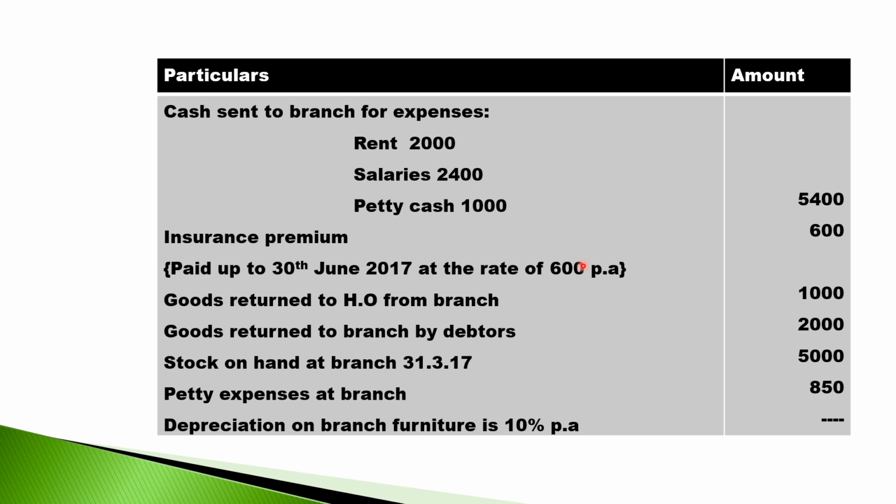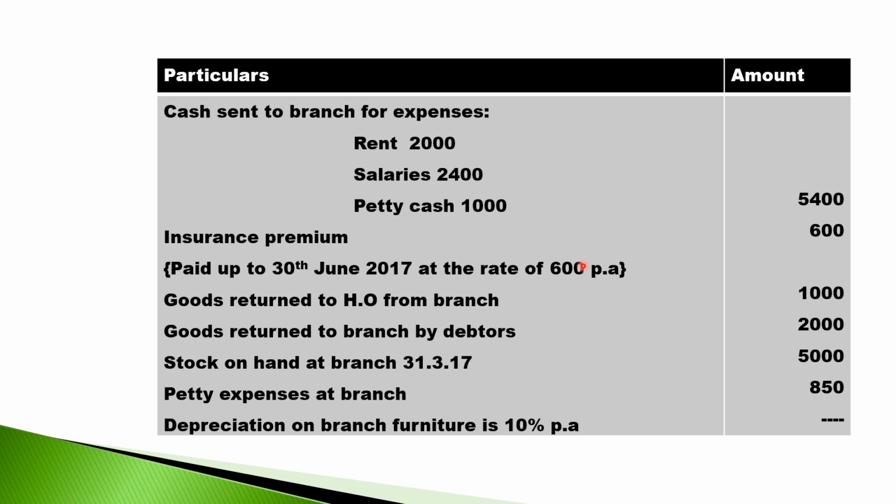Students, our accounting year closes in March. So after March you have paid 3 months extra insurance. That's for April, May and June. So advance insurance is paid to the extent of 3 months. It comes to 150.